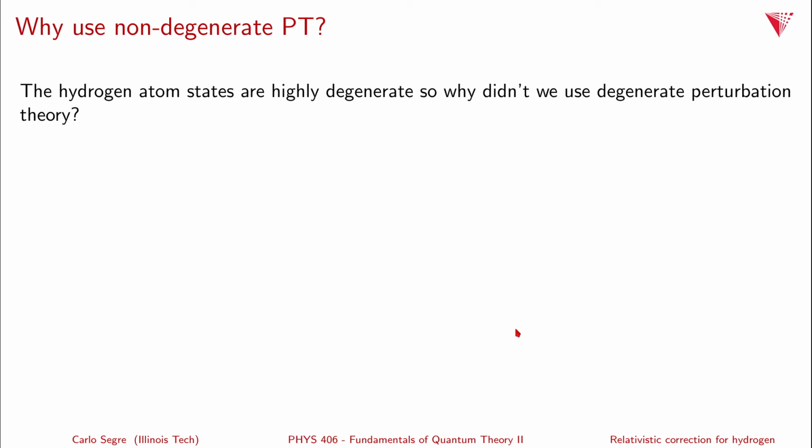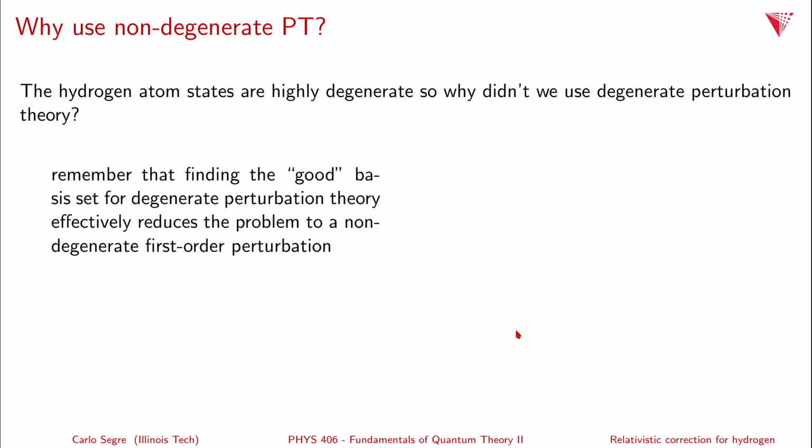So why did we use first order perturbation theory? Well, the reason is that you can find good states for degenerate perturbation theory. If you have the good basis set, then your degenerate perturbation theory problem just reduces to non-degenerate first order perturbation because you already have diagonalized the perturbing matrix, right?